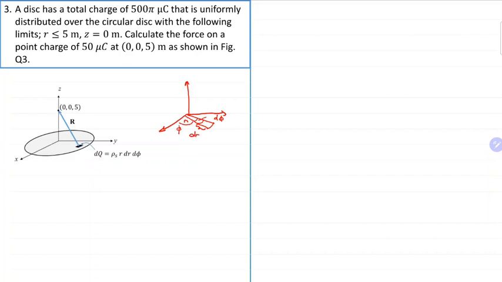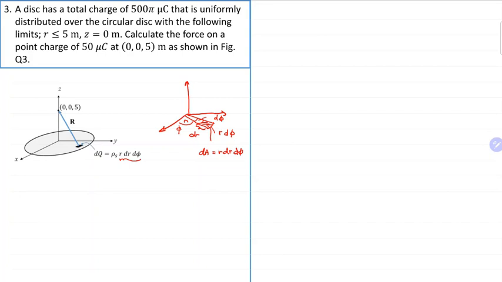And therefore, this small distance here is r d phi. And therefore, this area dA is equal to r dr d phi.